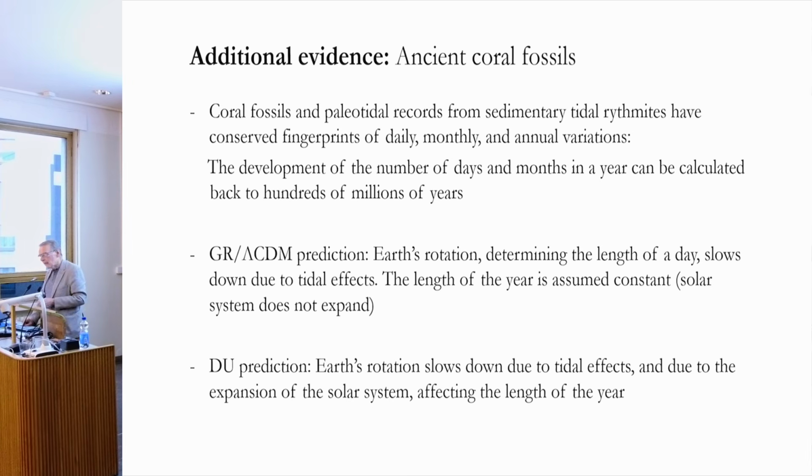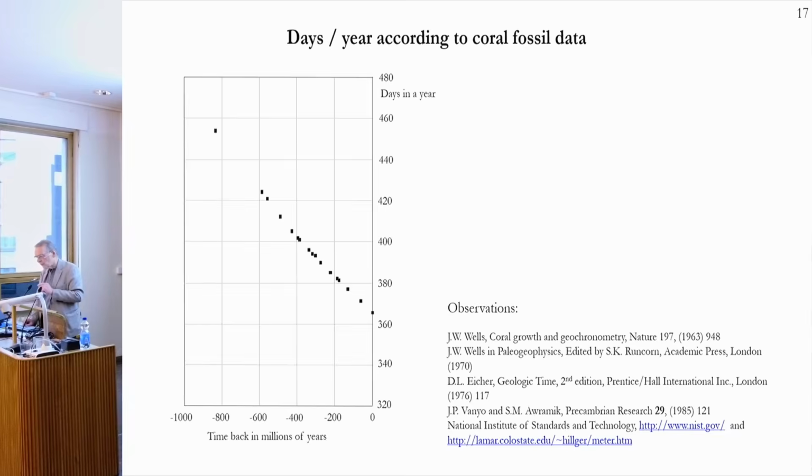So in the standard prediction, the only factor is the tidal effect, which affects the rotational velocity of Earth and the length of the day. But the length of the year is assumed constant, because the solar system is assumed not to expand. And in DU we have these two effects.